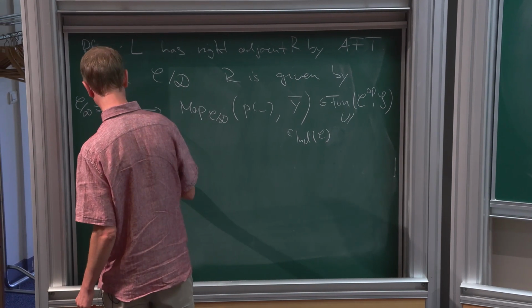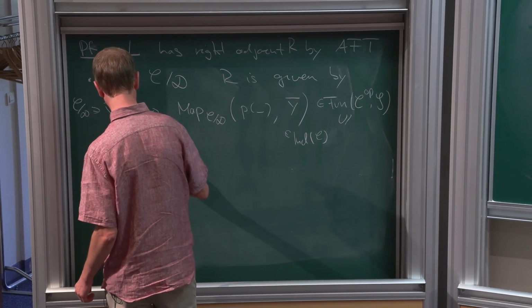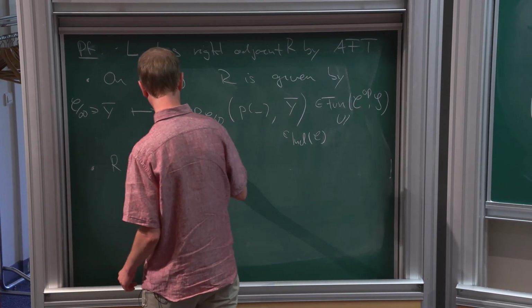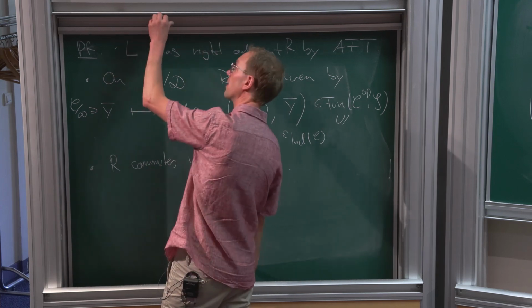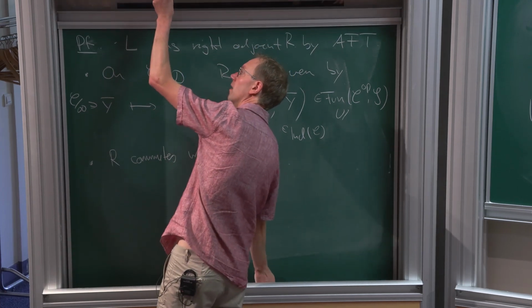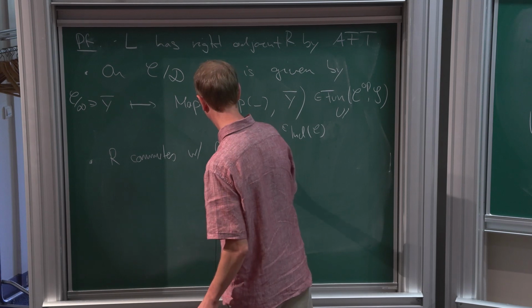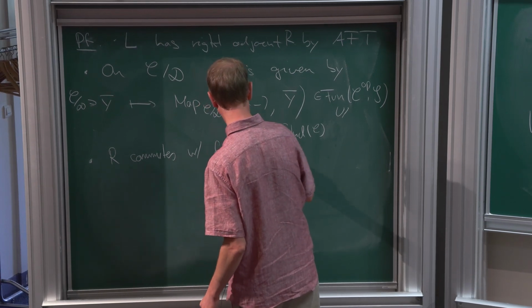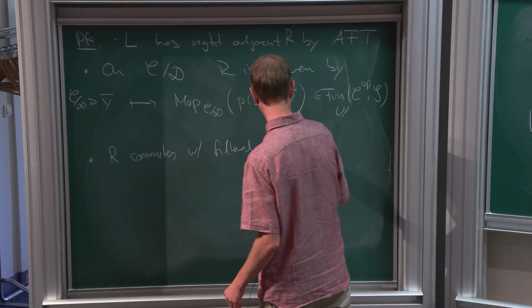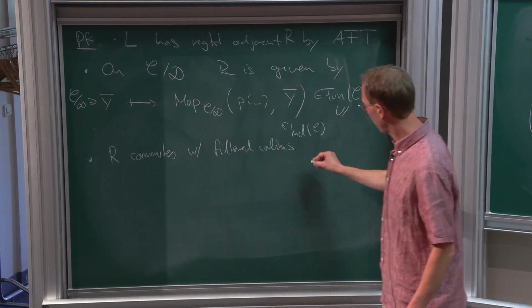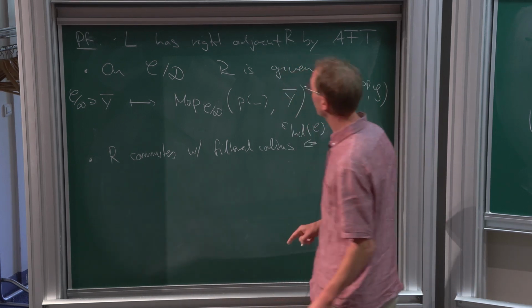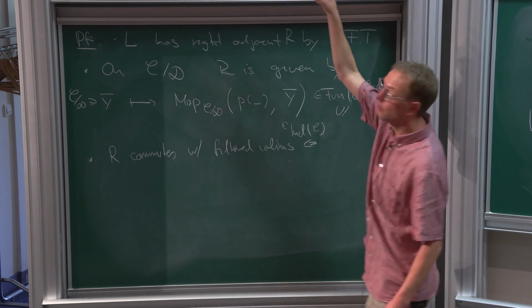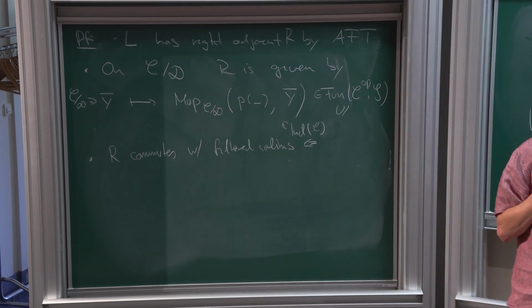So R commutes with filtered colimits. This is again a completely formal consequence of the fact that this left adjoint here sends compact objects to compact objects. Yeah.